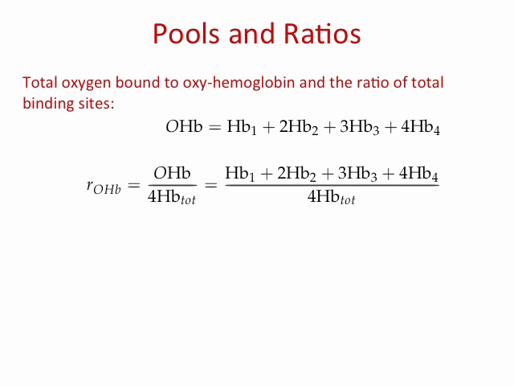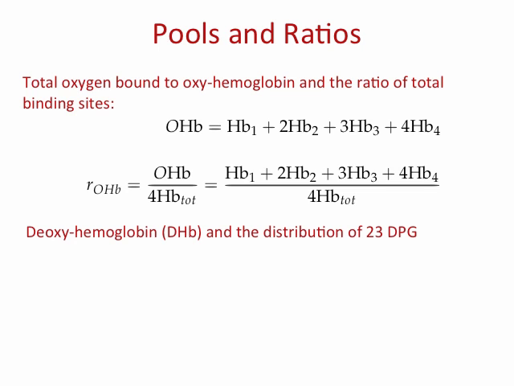This simply counts the number of oxygen molecules bound to hemoglobin. If we ratio that to 4 times the total hemoglobin concentration, we get the loading of hemoglobin with oxygen. If this ratio is 1, all the hemoglobin is carrying 4 oxygen molecules. And then, of course, there is some fraction of that in tissues in particular.